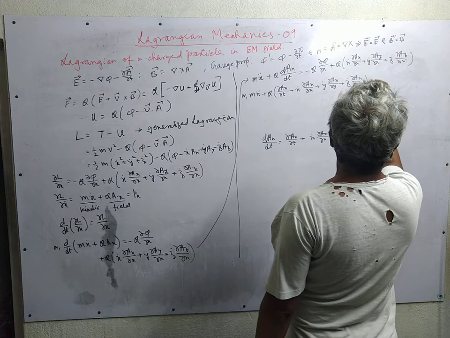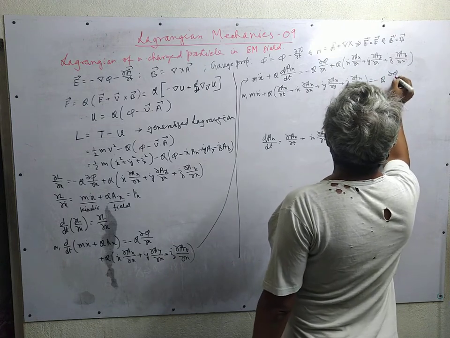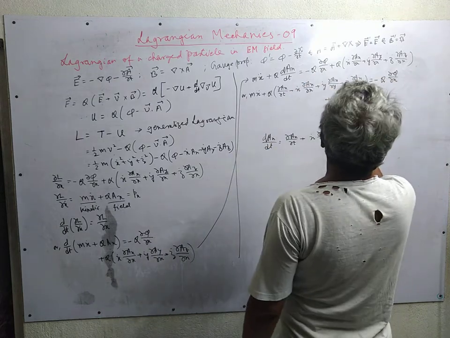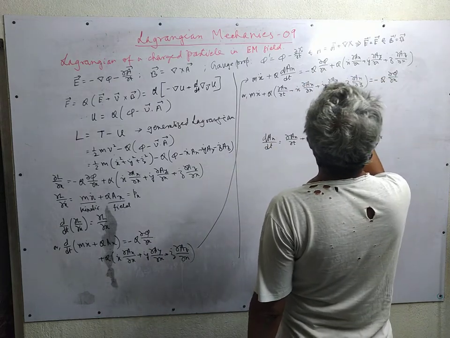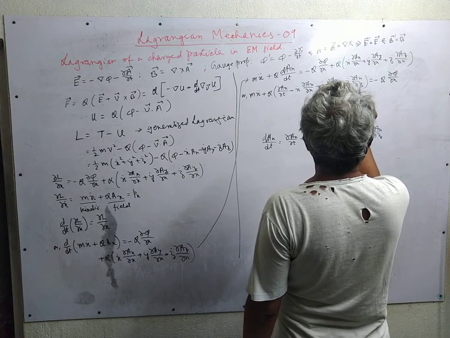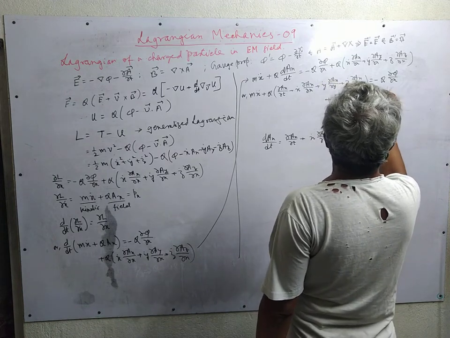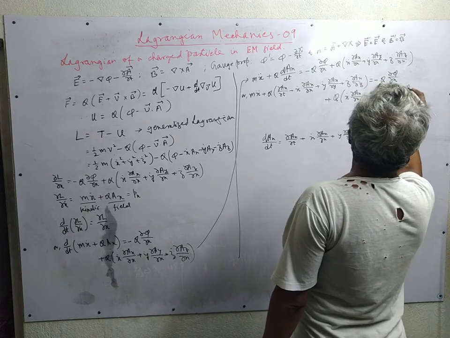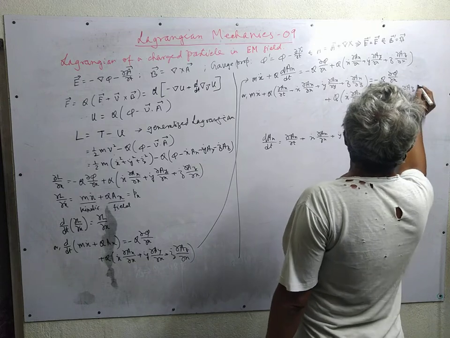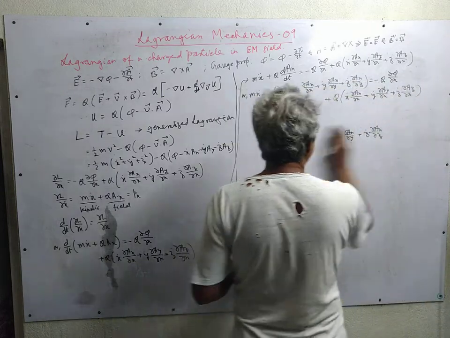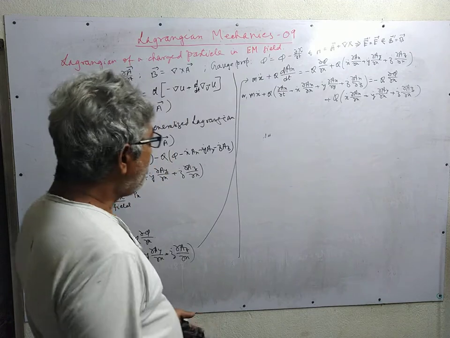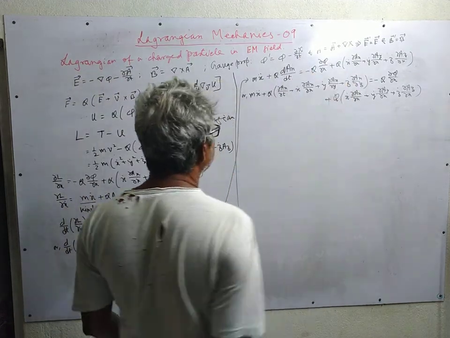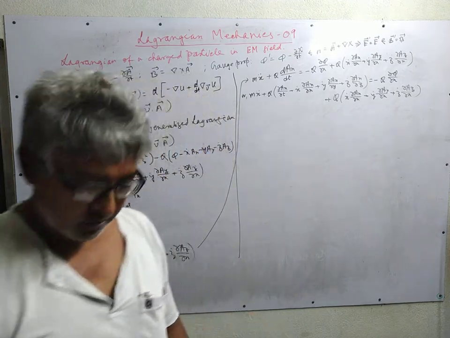On the right hand side we have minus q del phi del x plus this term q times phi dot del Ax del x plus y dot del Ay del x plus z dot del Az del x. Here what we have done is replace this total derivative in terms of the partial derivative.